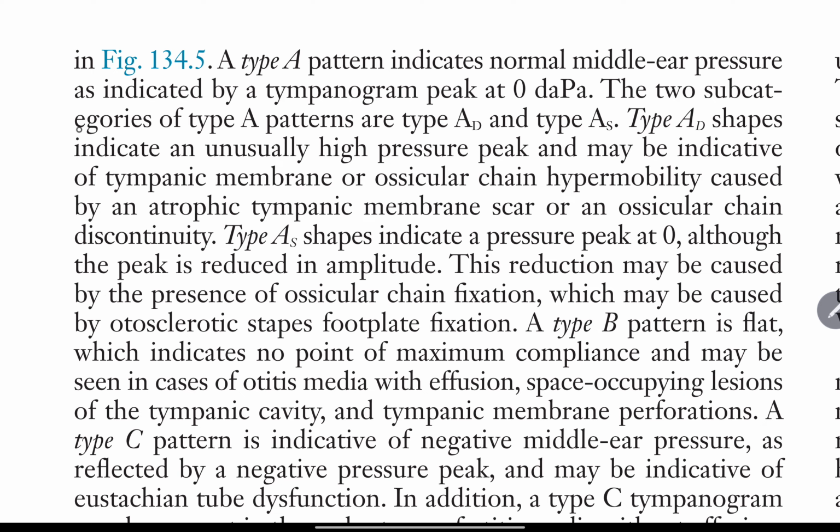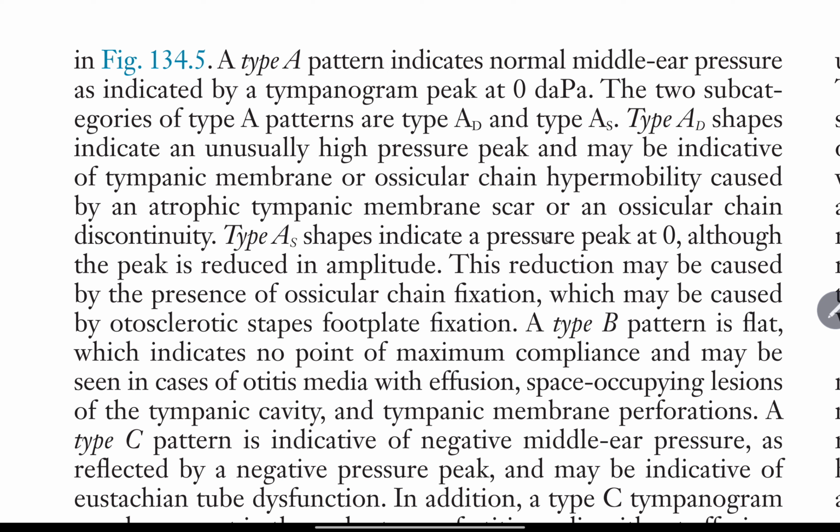The two subcategories of type A patterns are type Ad and type As. The type Ad shapes indicate an unusually high peak and may be indicative of tympanic membrane or ossicular chain hypermobility caused by an atrophic tympanic membrane scar or an ossicular chain discontinuity.